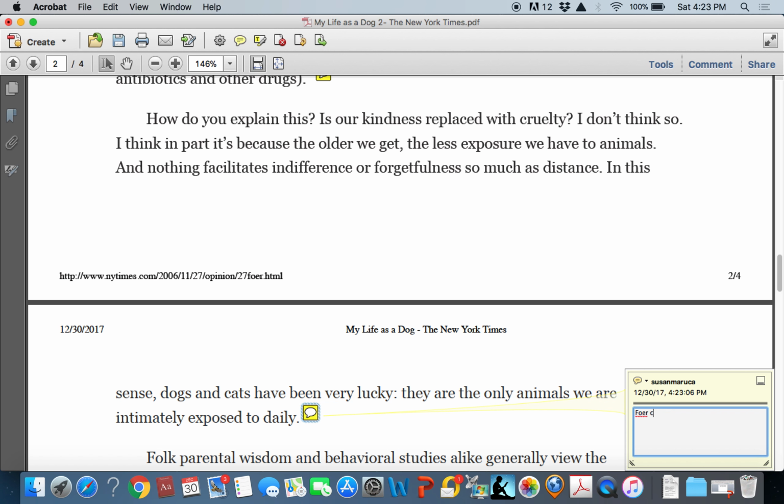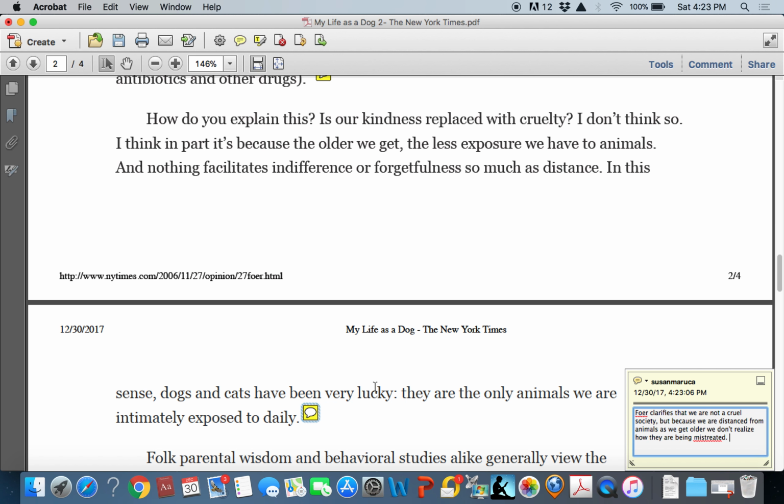So, he clarifies that we are not a cruel society, but because we are distanced from animals as we get older, we don't realize how they are being mistreated.